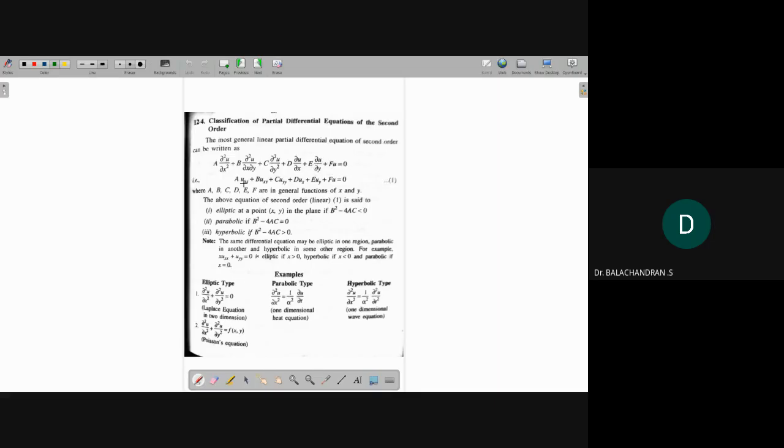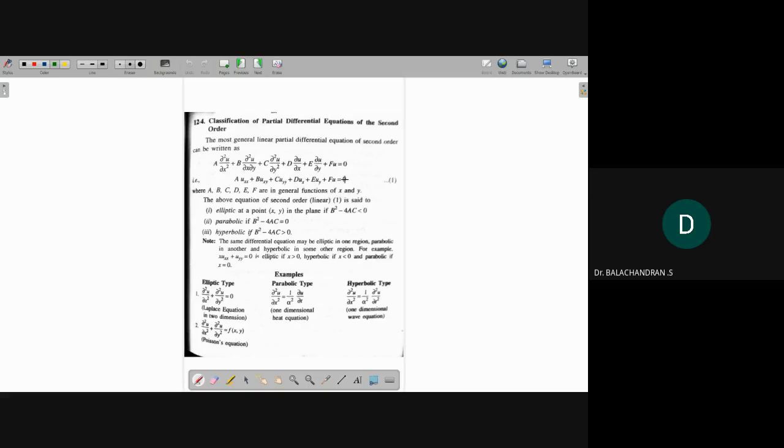In short form, a uxx plus b uxy plus c uyy plus d ux plus e uy plus fu equal to 0, where a, b, c, d, e, f are functions of x and y.